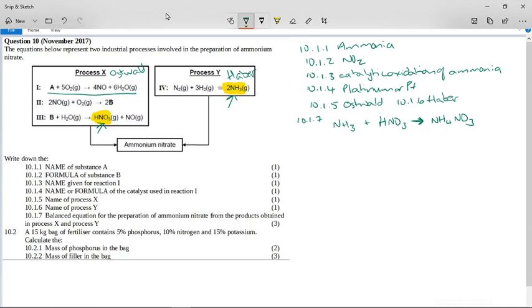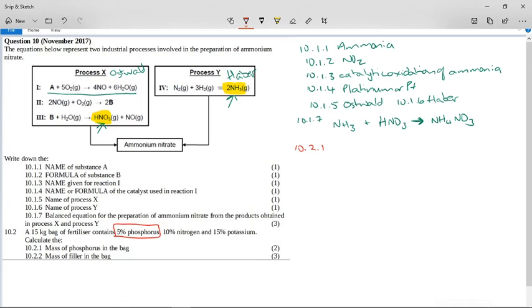Now it says to you, a 15 kilogram bag of fertilizer contains 5% phosphorus, 10% nitrogen, and 15% potassium. Calculate the mass of phosphorus in the bag. Now, I think a little grade 8 with a brain could work this out, because we have got 5% phosphorus.